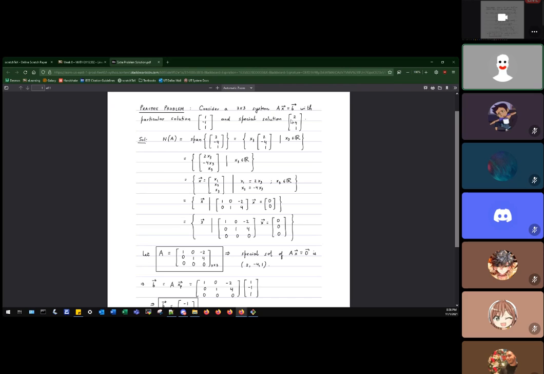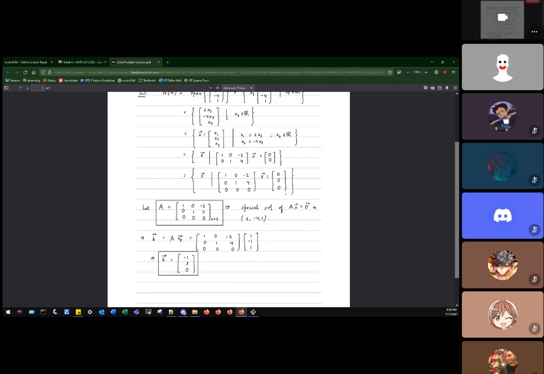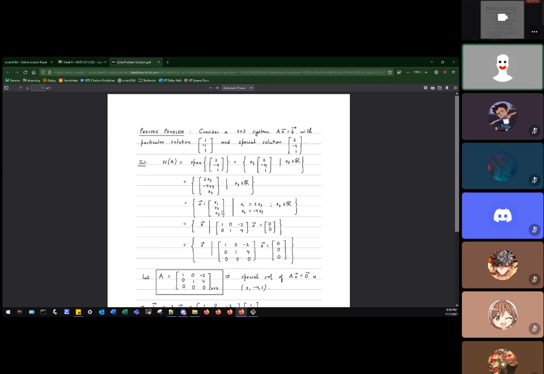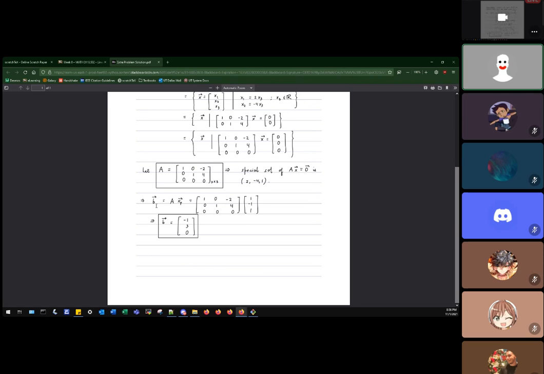The next thing we do is get it to 3 by 3 by adding a 0. And finally, we satisfy that the system has a particular solution 1, negative 1, 1 by defining a b such that this particular solution times this matrix equals b. We just find b.